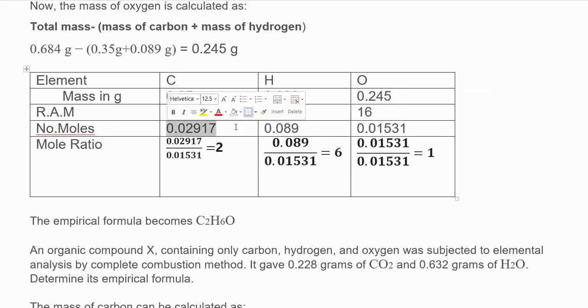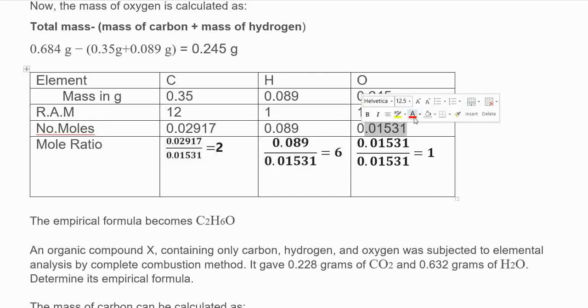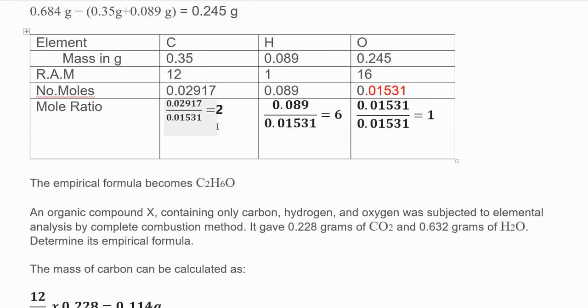The one that has the smallest value, you divide the number of moles throughout. As I can see from here, 0.1 is the smallest. Therefore, you divide through all the number of moles by this. That's why we divide this by itself, we get 1. And 0.84 divided by this smaller moles, you get 6.